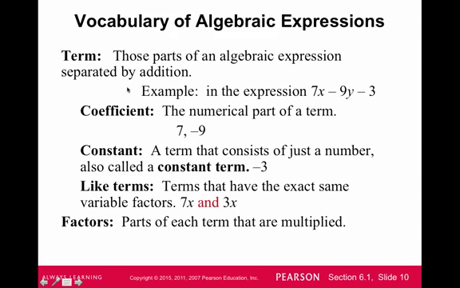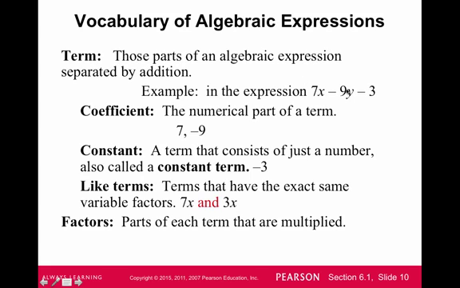Some more vocab for algebraic expressions. The number of terms, this is not something we'll specifically ask a lot, but just so you know, the terms in an algebraic expression are things that are separated by pluses and minuses. So in the expression 7x minus 9y minus 3, there are 3 terms. The numerical parts of the terms, 7 and negative 9, are called coefficients of the variables.